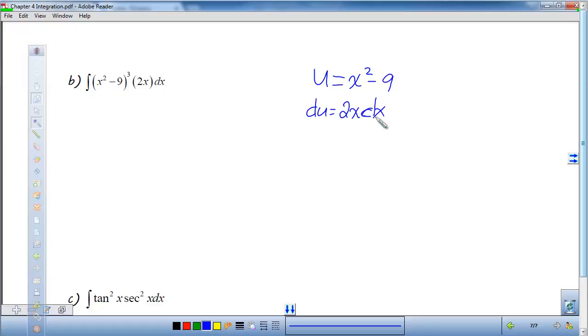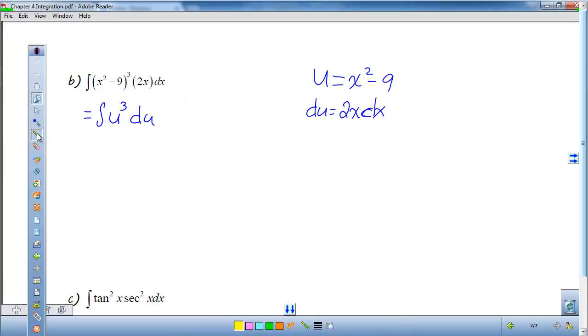And so if I wanted to rewrite this in terms of u, we get the integral of u cubed du, because 2x dx is our du. Let's highlight a little bit. Here is u, and then this is du.